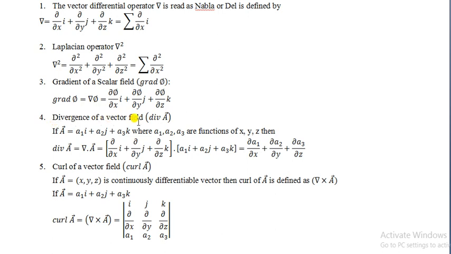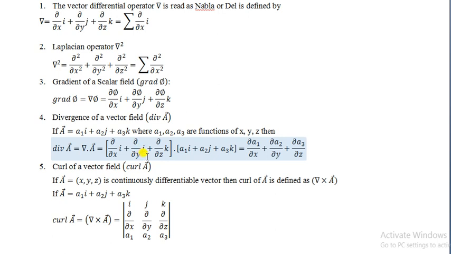Then the divergence of a vector field, or div of vector A. Suppose vector A is denoted as a1 i + a2 j + a3 k, where a1, a2 and a3 are functions of x, y, z. Then the divergence of the vector field, or del dot A, is (∂/∂x i + ∂/∂y j + ∂/∂z k) dot vector A. So vector A is a1 i + a2 j + a3 k.